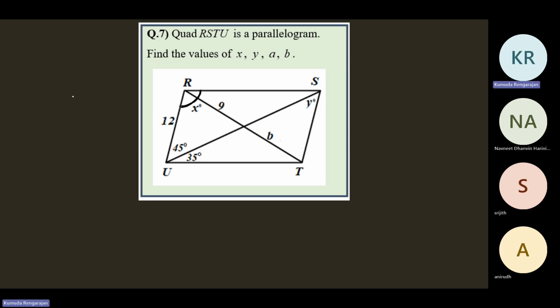No, we'll answer X first. Danvin, Sri Harini, Navneet, Avanish. How to find X? Ma'am, X is equal to y. No, X is equal to y.